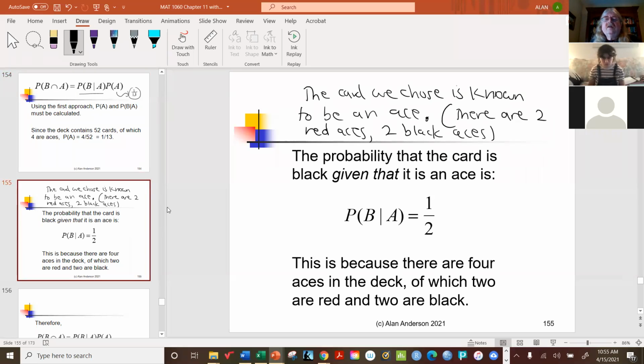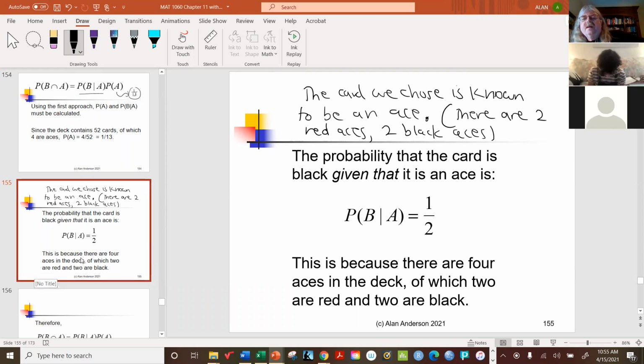In other words, we are already informed that we picked an ace, and if you recall, there were actually 2 red aces and 2 black aces. So therefore, the probability that it's black, given that we know that it's an ace, is 1/2 or 2/4. We've got the 4 aces in front of us, 2 of them are black. The probability, therefore, of a black ace, given that you have an ace, is 1 out of 2 or 2 out of 4.